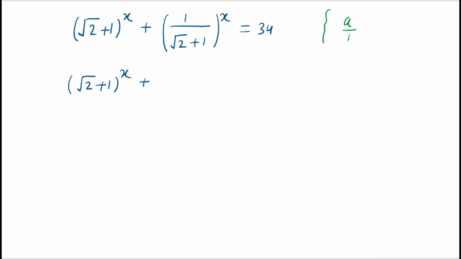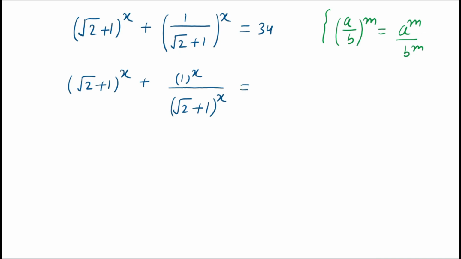Now (√2 + 1)^x plus, here if we apply this rule, (a/b)^m is equal to a^m divided by b^m, then you can say 1^x divided by (√2 + 1)^x, and this is equal to 34.